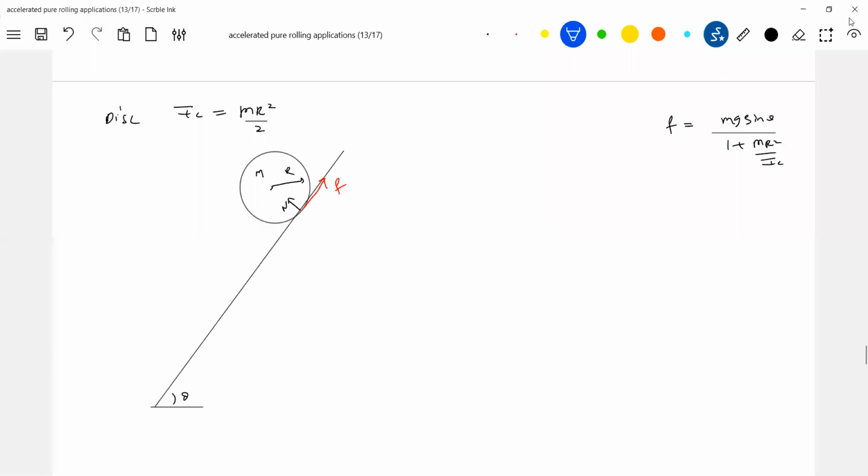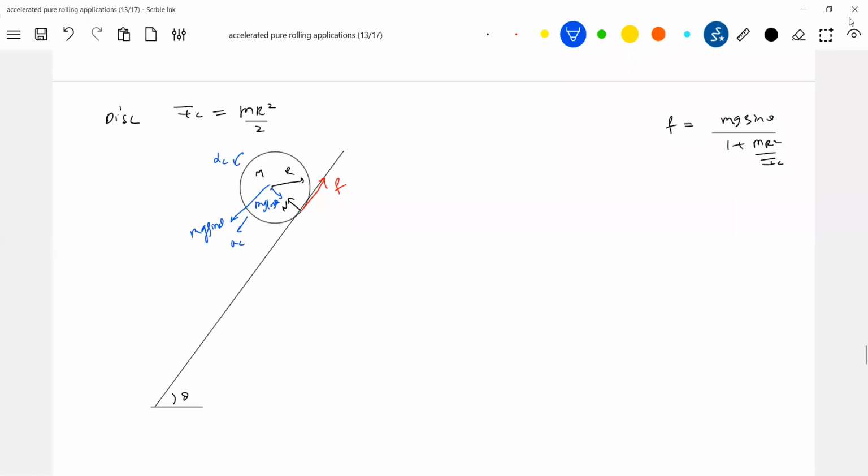Try to notice all the forces which I'm going to show here. mg sin theta, sorry, mg cos theta, and the acceleration of center of mass a_c, and this is alpha_c. Already we have discussed everything.